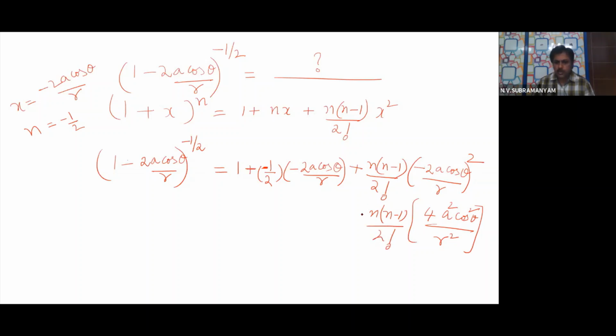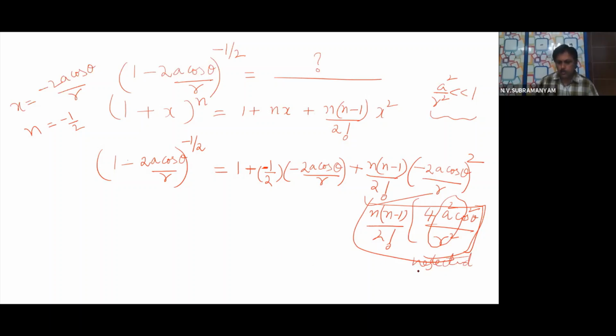But this term we will neglect, children. This total term is neglected. Why? Again I got a square by r square, and a square by r square is very much less than 1. Already we saw, we took it as very much less than 1. So this total term is neglected. In the textbook they have not given the expanded form, but you remember this is neglected.